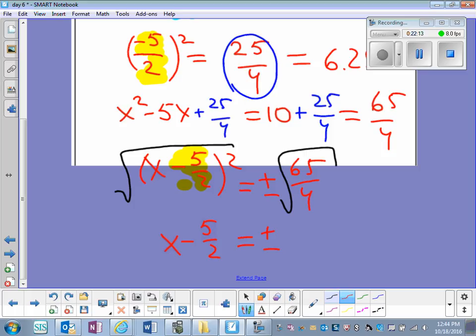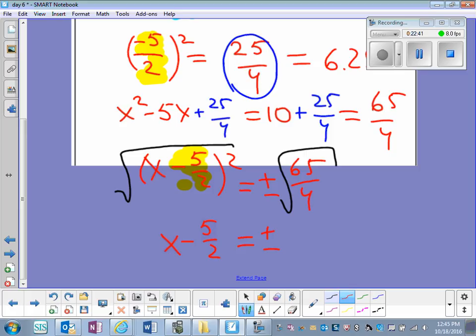So square root of 65 over 4, right? The square root of the fraction is two radicals, numerator and denominator, correct? So square root of 4 is just 2, and then square root of 65, can we simplify that? No. We could try the factor ladder, but it wouldn't work because what? 65 can be divided by what?